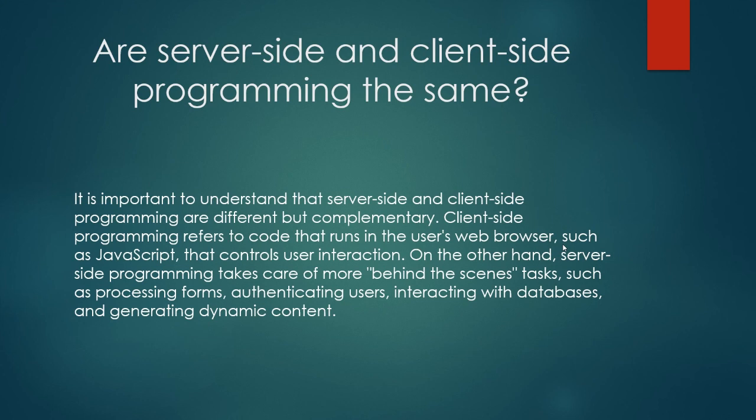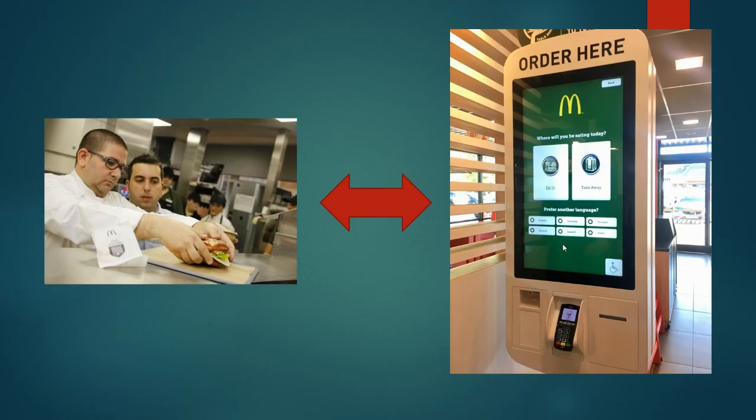So I'm going to explain this with the following image. As we can see here, we have a screen to order a menu or a burger at McDonald's. On the other side, we have a chef preparing the burger that we have ordered.